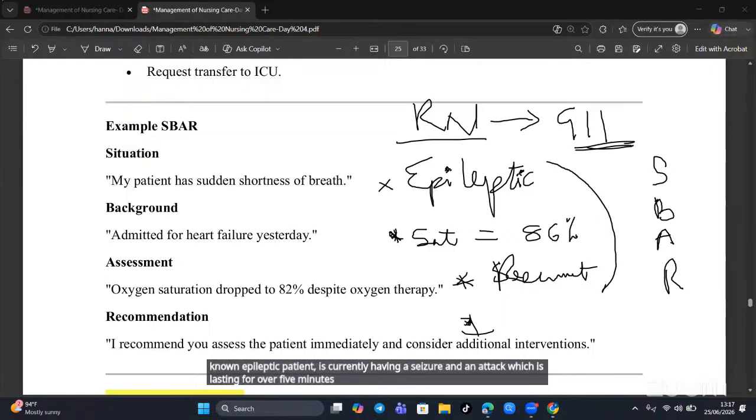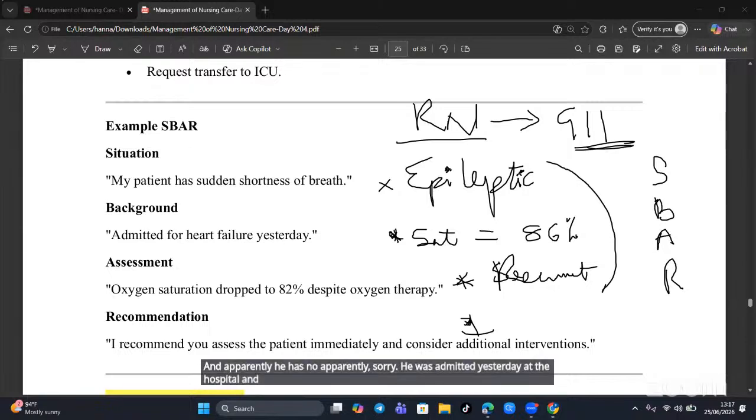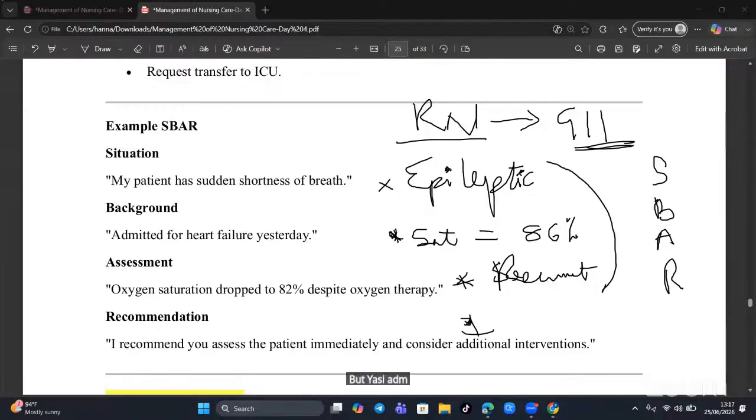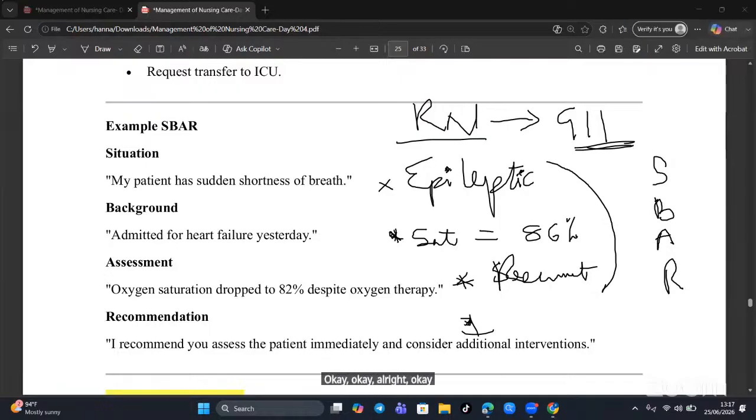He currently has a SpO2 of 86%. He was admitted yesterday at the hospital. You are saying admitted yesterday, but I didn't mention any admission. You went to church, everybody in the church knows he's epileptic. Okay, all right. So let me start over again.